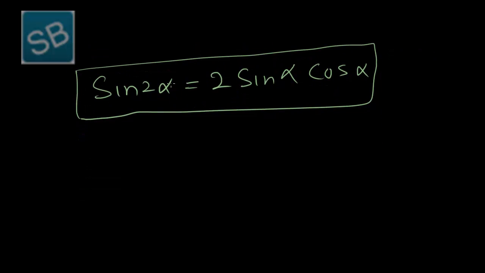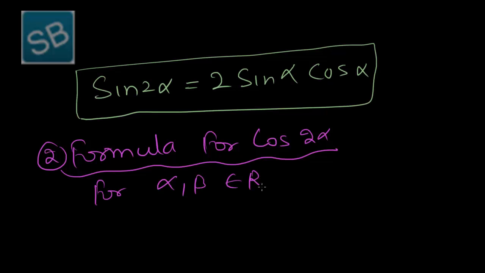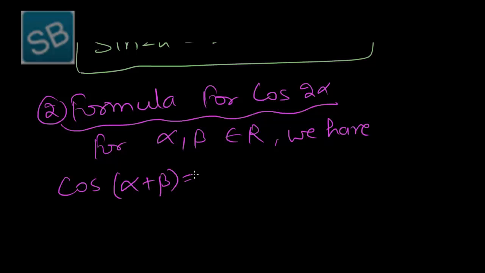Now we are going to derive the formula for cos 2 alpha. That is the second formula. For alpha, beta belonging to R, we have cos(alpha plus beta) is equal to cos alpha cos beta minus sin alpha sin beta.